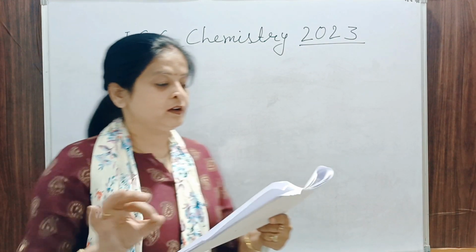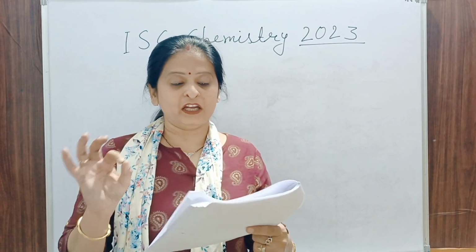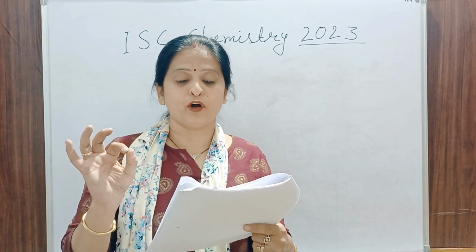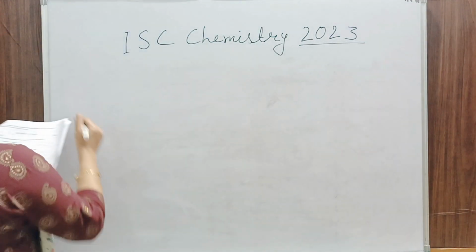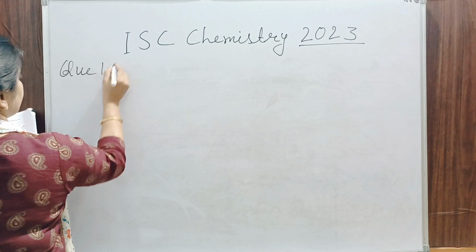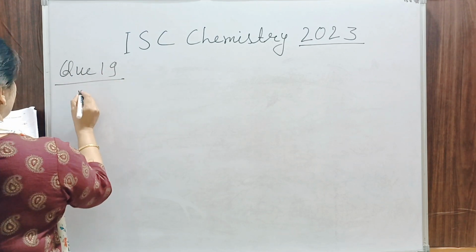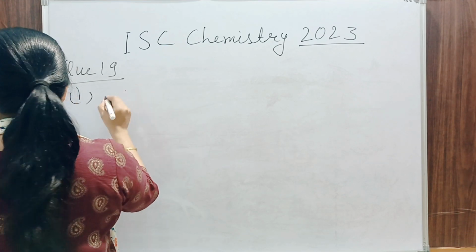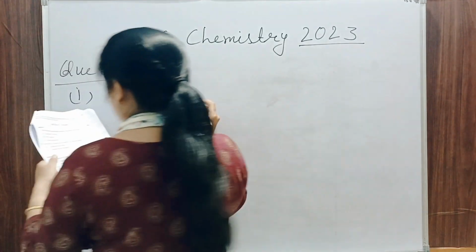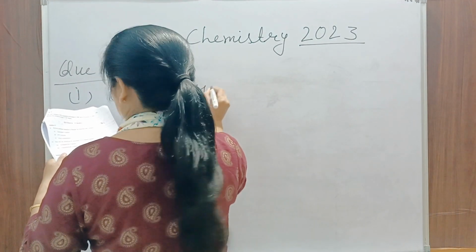Question number 19. Write the chemical equation to illustrate the following named reactions. Cannizzaro reaction. First, A, Cannizzaro reaction, HCHO.